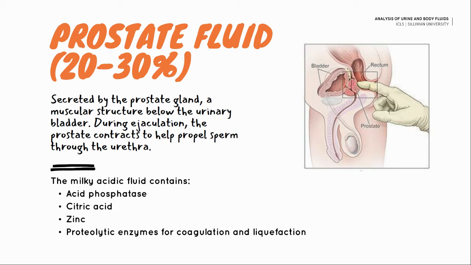So the prostate fluid, or prostatic fluid, is secreted by the prostate gland, and during ejaculation the prostate gland contracts to help the sperm propel through the urethra.